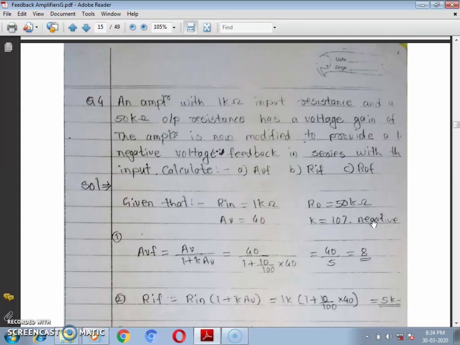For voltage series negative feedback, AVF is equal to Av divided by 1 plus KAv. Input impedance is RIF equal to Rin times 1 plus KAv, and the output impedance with feedback is ROF equal to Ro divided by 1 plus KAv. Simply plug in these values and find the results.